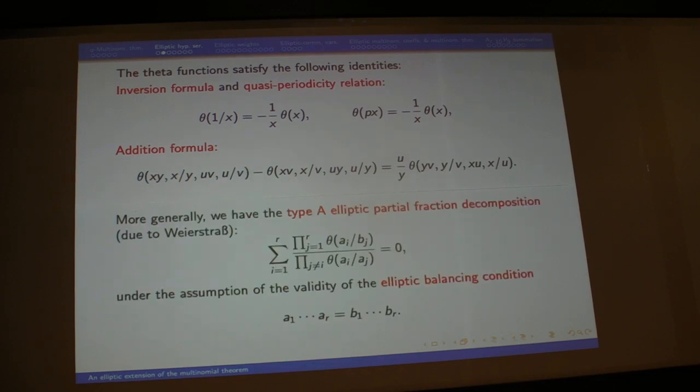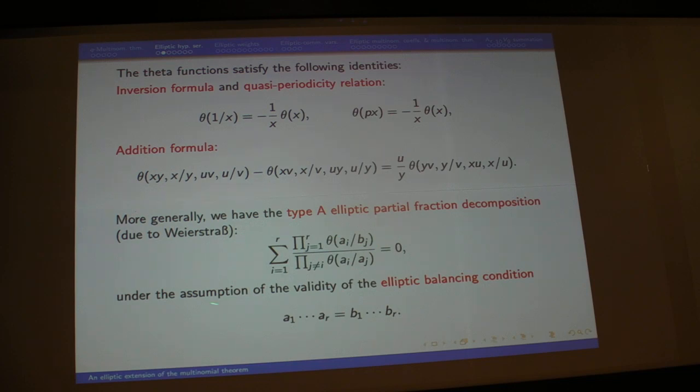In the A_R setting, if we work with R-dimensional series, or instances of the type A elliptic partial fraction decomposition due to Rosengren, this is used instead. And actually the R equals 3 case, where you have just 3 terms on the left-hand side, after clearing denominators gives this addition formula up there. That's also due to Weierstrass, and it appears in Whittaker and Watson form as well.